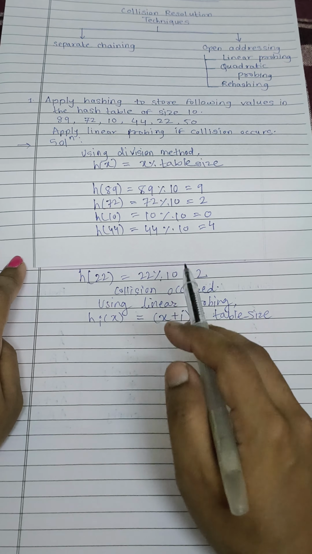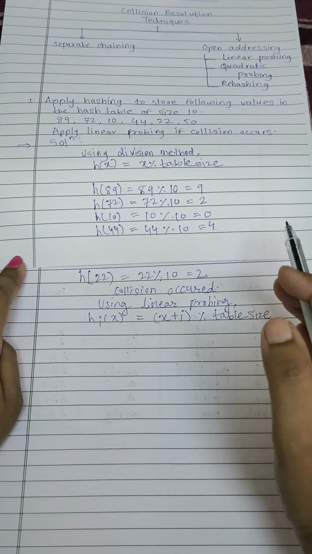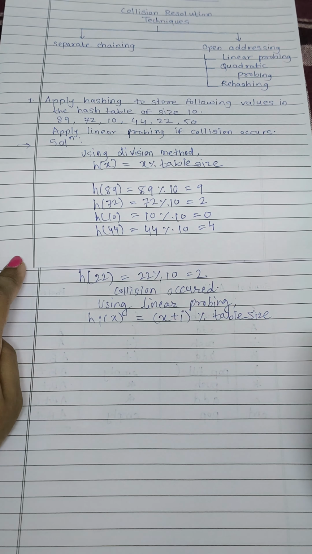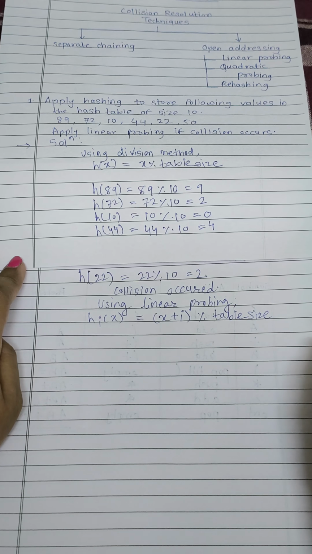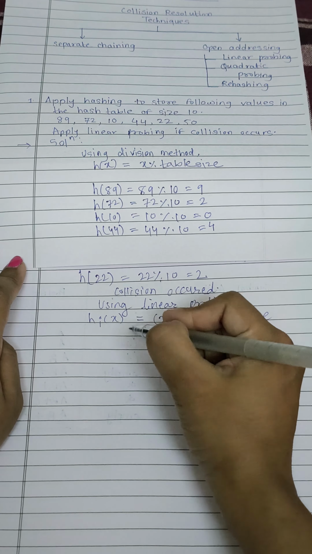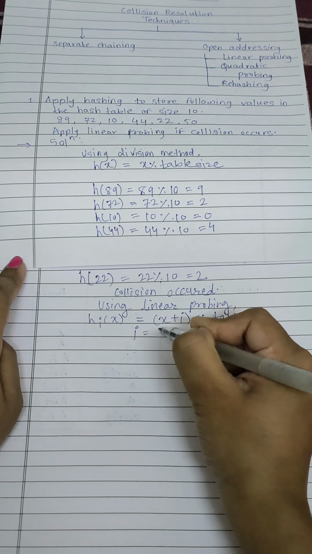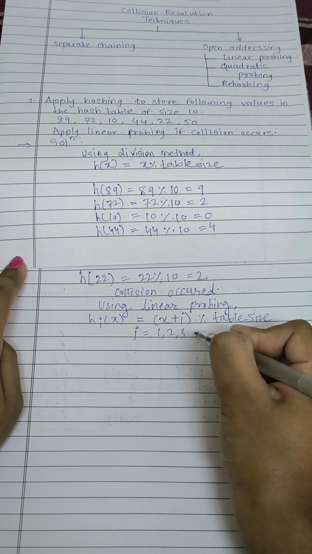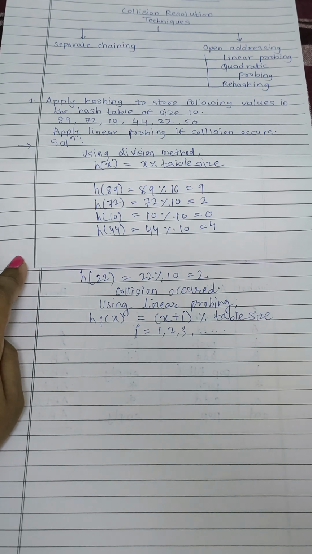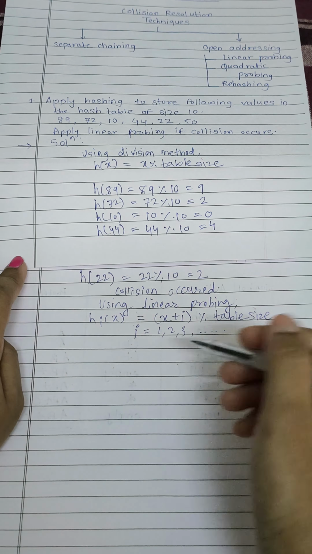If that is also full, it will search for the next one, and so on until it gets the empty slot. So that is called linear probing. The value of i will be 1, 2, 3 and so on till the size of the table basically.